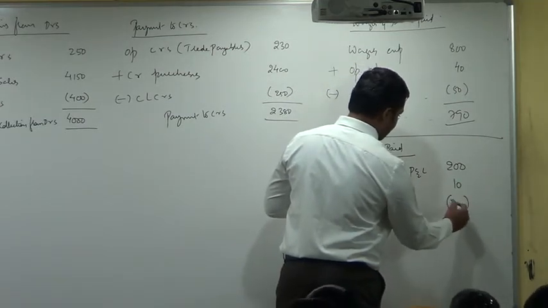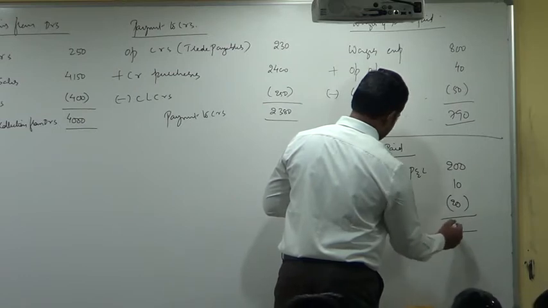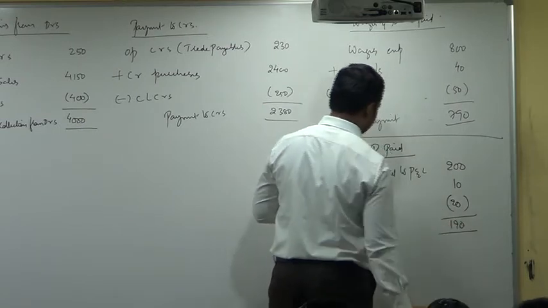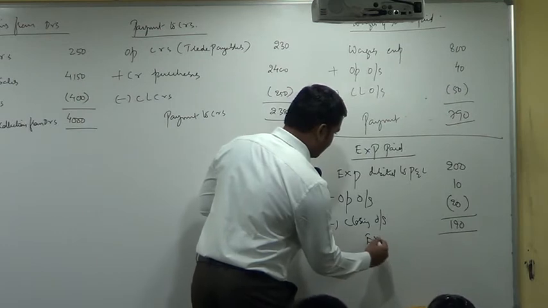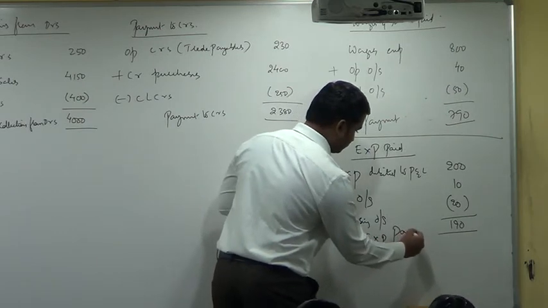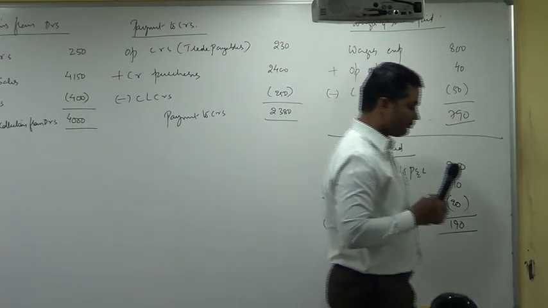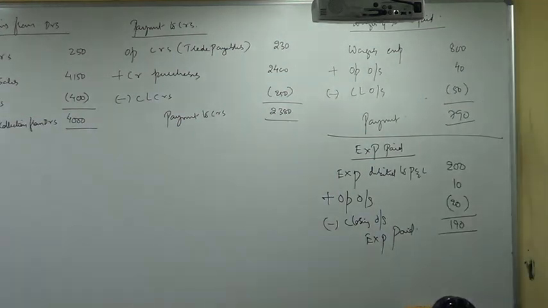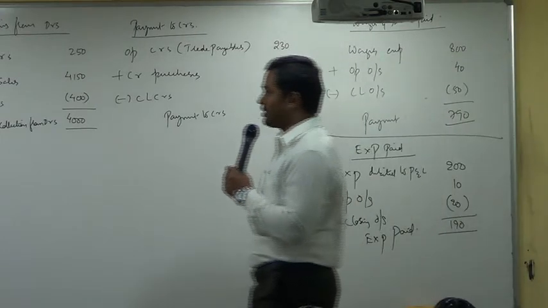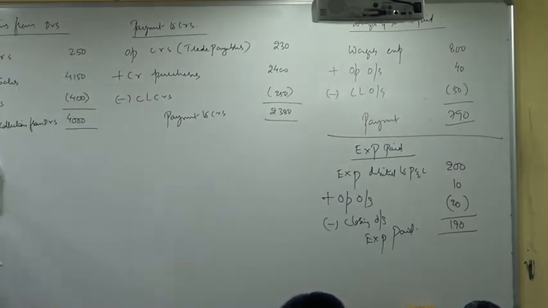Closing outstanding? 20. 190. Expense paid. Expenses paid 190.